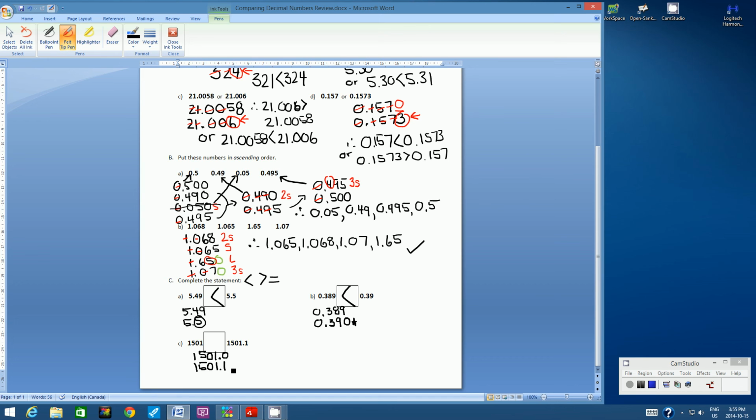We see that the second number has a 1 in the tenths column, and the first number has no number there, which means there's a 0 in the tenths column. So this number is larger. So we have a greater than sign going in this direction. 1,501 is less than 1,501.1, or 1,501.1 is greater than 1,501.